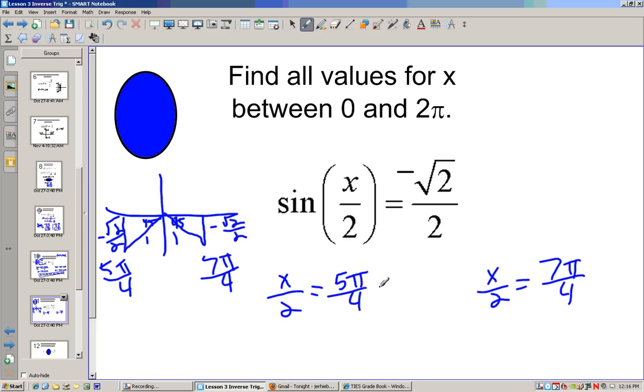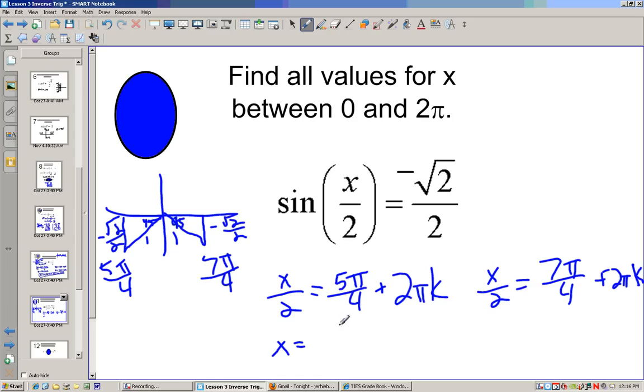Now, we could also add on to this, instead of 360k, plus 2 pi k, plus 2 pi k, because we're dealing in radians. All right, so now to find my value of x, instead of dividing here, I multiply by 2.